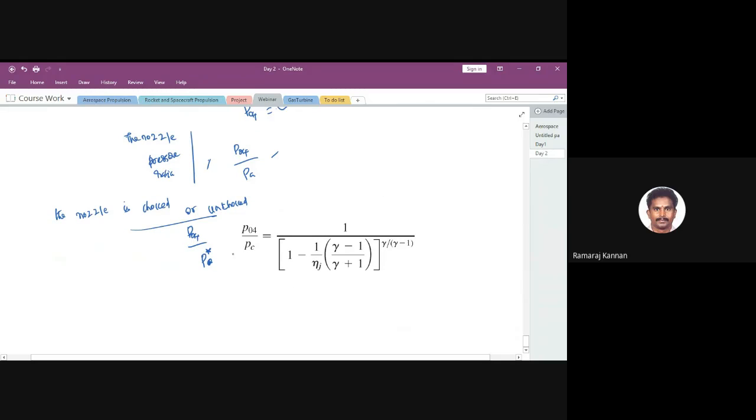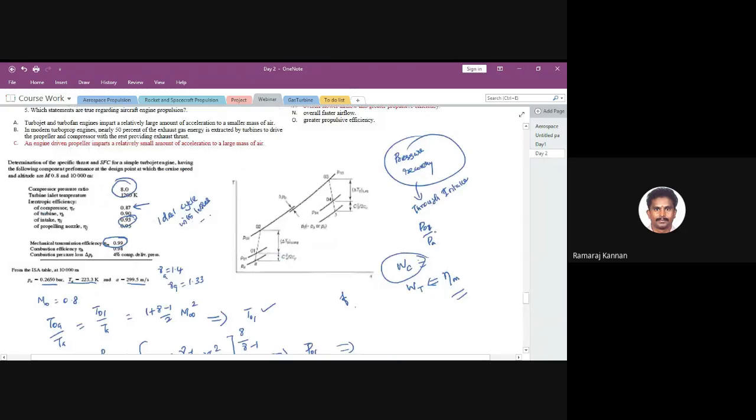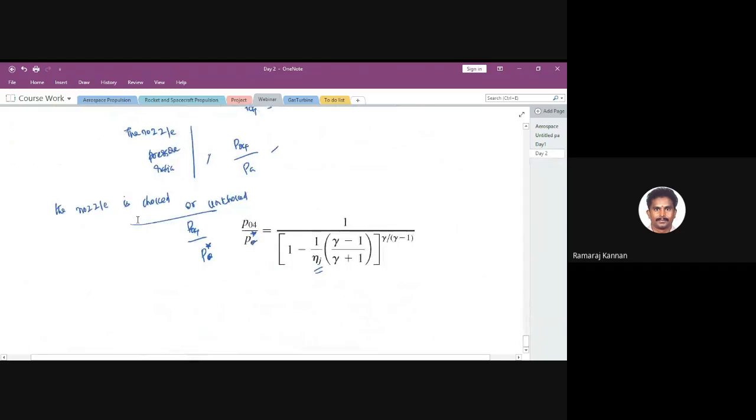Instead of PC, you can take it as P star also; if you want, you can keep it as PC. The isentropic efficiency of the nozzle is given here, 95%. Substitute it and get the value. For this problem, if P04 by PA is greater than P04 by PC or P star, then the nozzle is going to be choked.